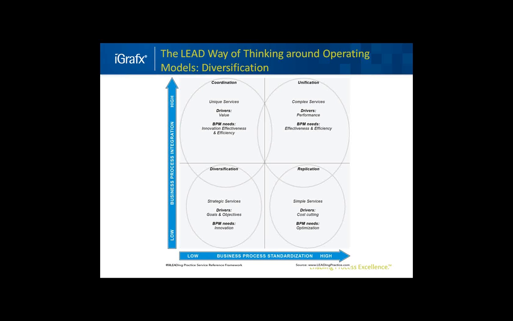The BPM need for that is innovation. If your organization has parts that are very diversified than the rest of your organizations, and it does not deliver the strategic aspects, and the drivers are not goals and objectives, then it should not be diversified. Or you are applying it, the top-down approach or the bottom-up approach, wrong. Both of it, however, has devastating aspects of how your execution happens.